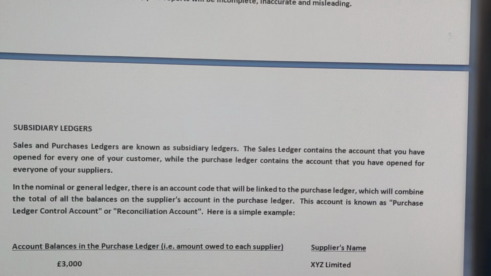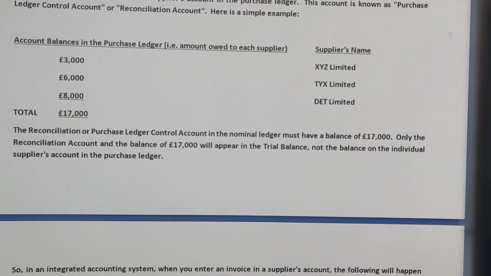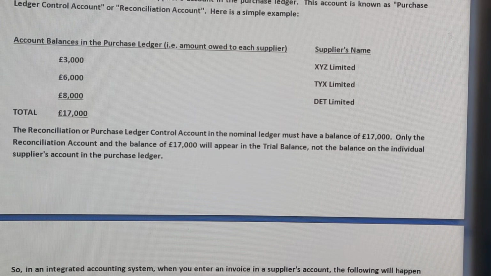Now, look at the example below. Your purchase ledger shows that your company owes supplier XYZ £3,000. Your company owes supplier TYX Limited £6,000, and also owes supplier DET Limited £8,000.